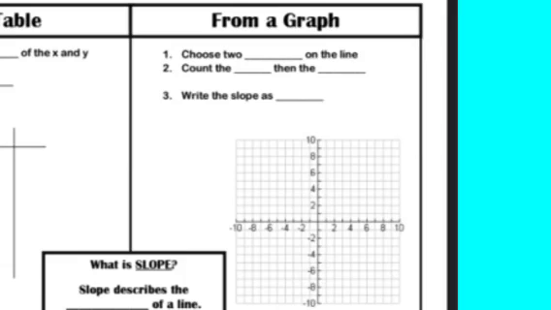Okay, now we need to talk about finding slope from a graph. We've done this a little bit. We've talked about how you want to choose any 2 points on the line. We want them to be lattice points, L-A-T-T-I-C-E.